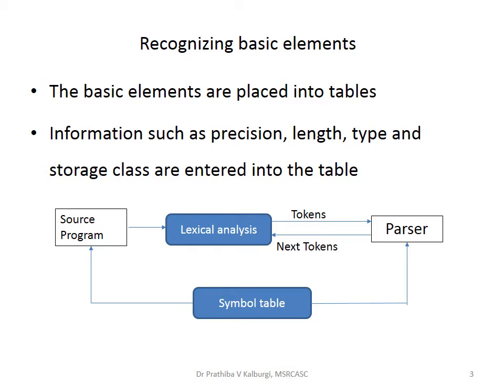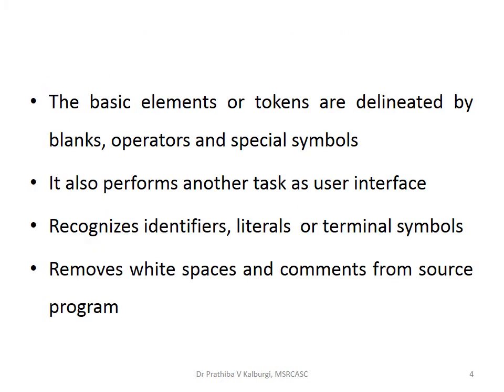Upon receiving the next token command from the parser, the lexical analyzer reads the input characters until it can identify the next token, as you have already seen in the previous diagram.